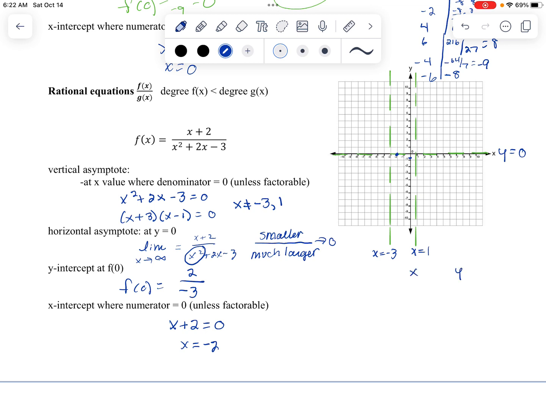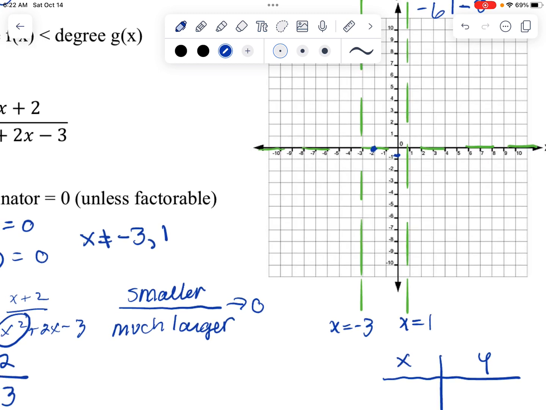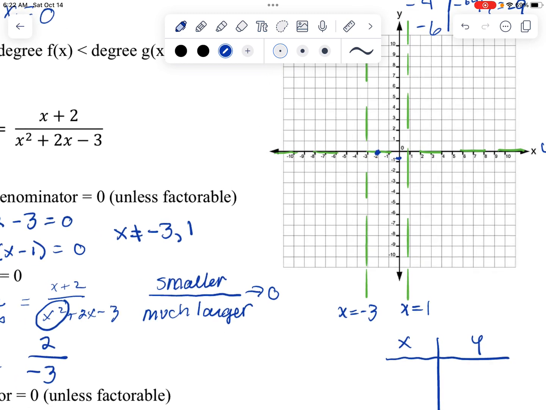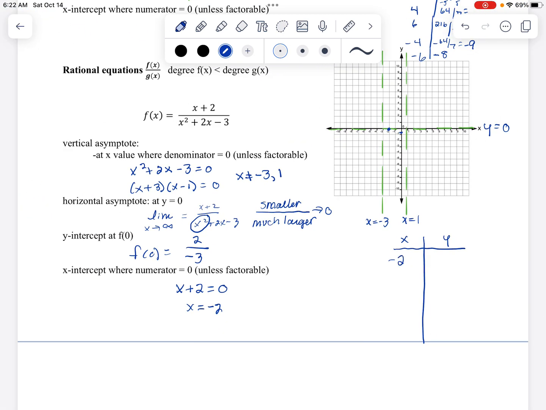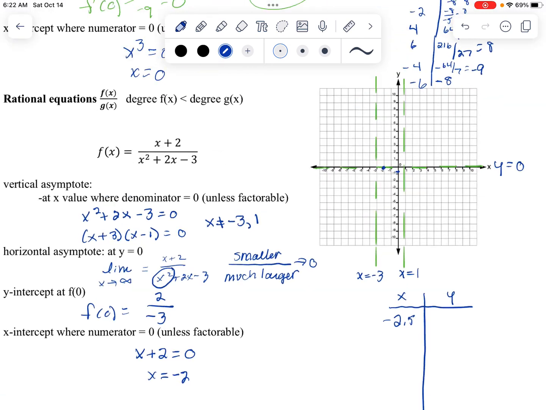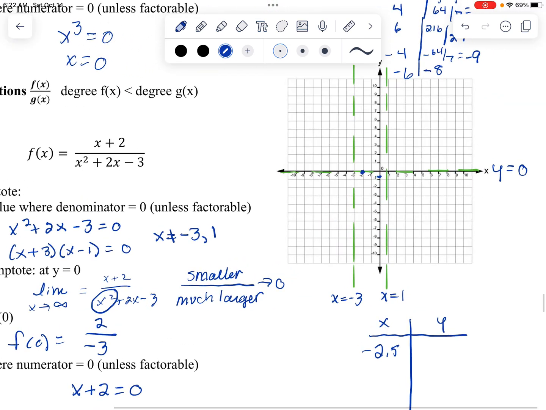And now it's a matter of looking at some points. So again, x and y, pull out your calculators, and let's start in the middle. We already have this point here. We have this point here. Kind of makes me wonder what's going on. So I'm going to try maybe -2.5. I'm thinking it's going to cross something like this.